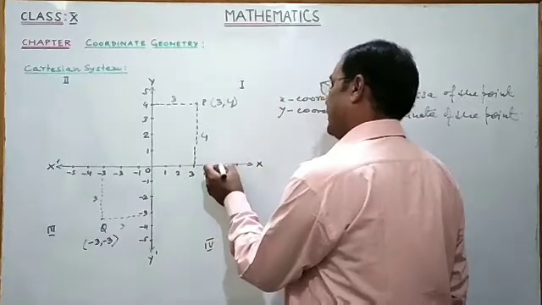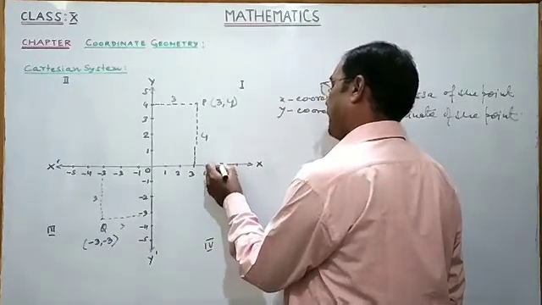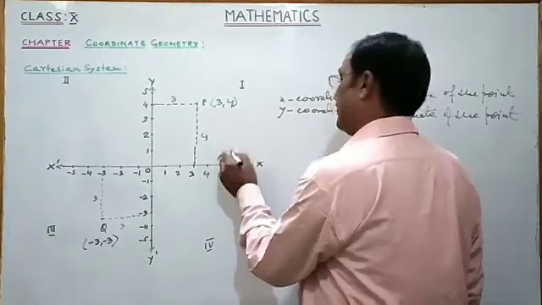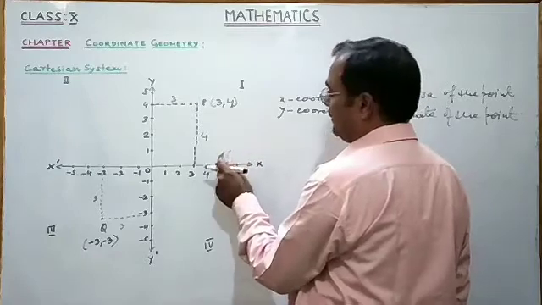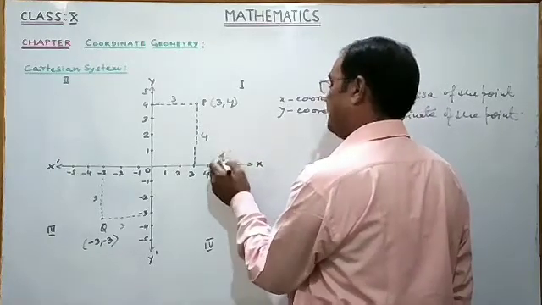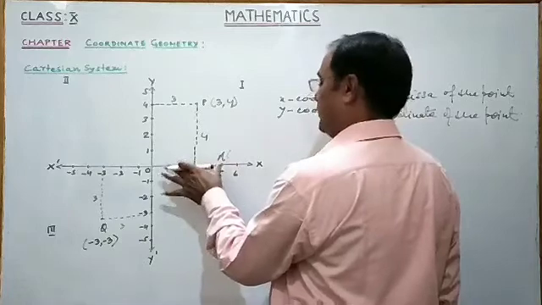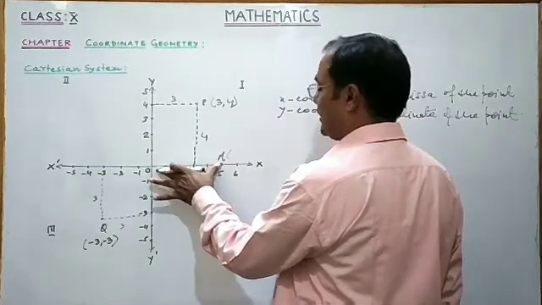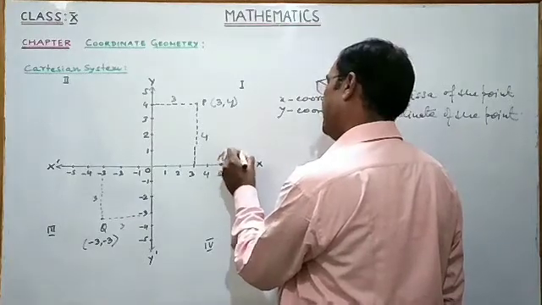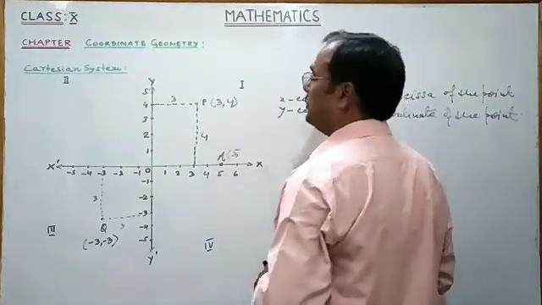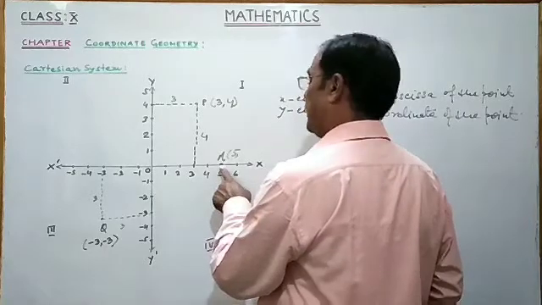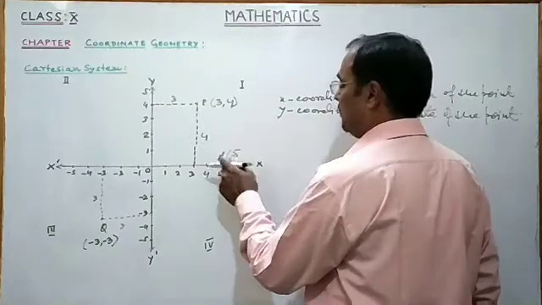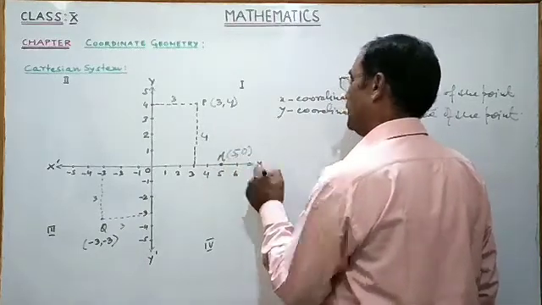Suppose there is a point A here on the x-axis. So what are the coordinates of this point A? First, we have to measure the distance of this point on the x-axis, which is 5 units, and then we have to measure the distance of this point on the y-axis. There is no distance of this point on the y-axis, so 0.